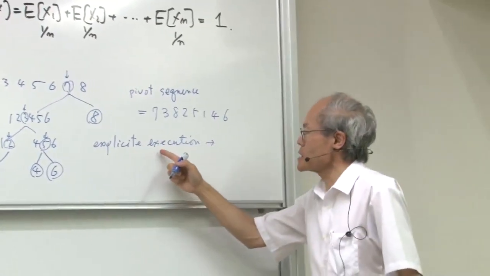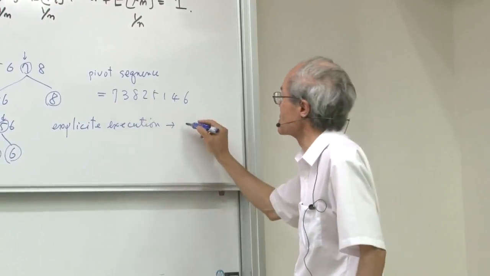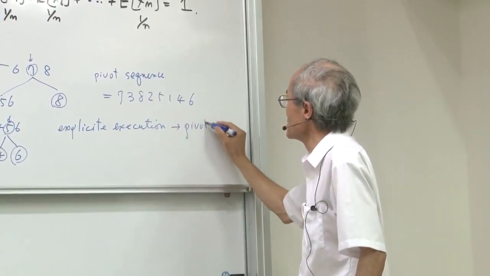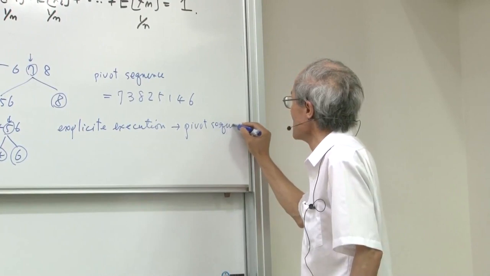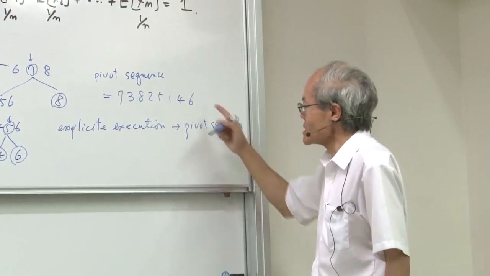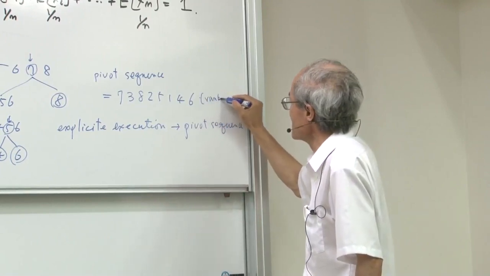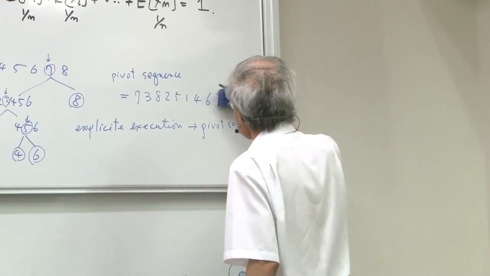If we are given an explicit execution sequence, then we can get a pivot sequence. But the pivot sequence is a random permutation. It's a permutation, sorry.